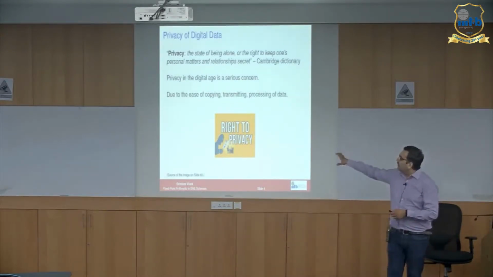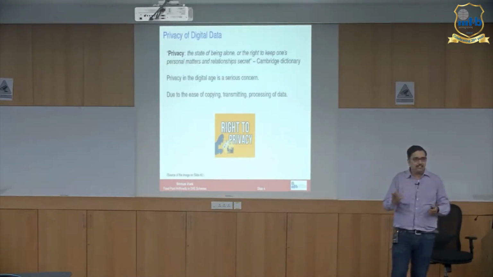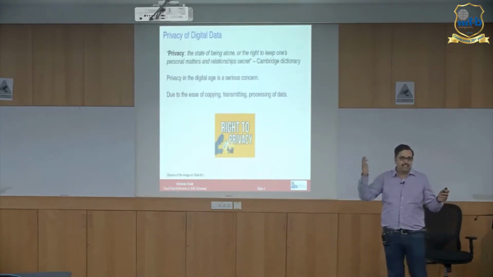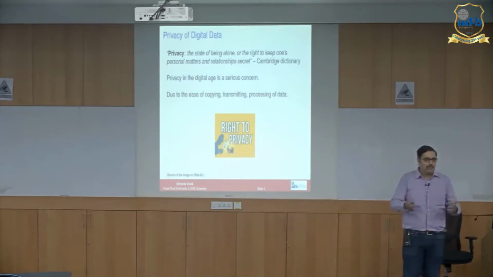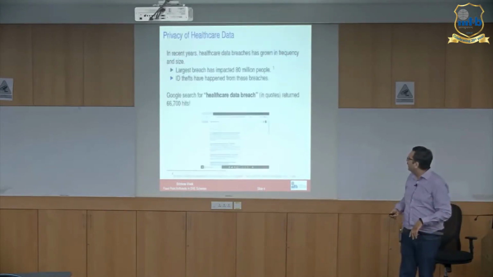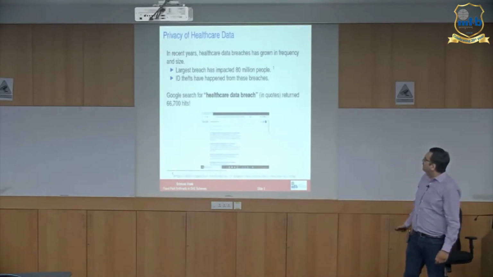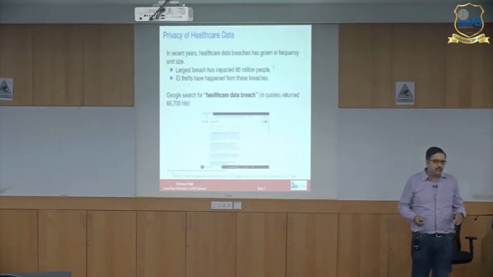But in the electronic age, the ease of manipulation and transmission of information is so great that the need for privacy has increased, and people talk about it all the time.